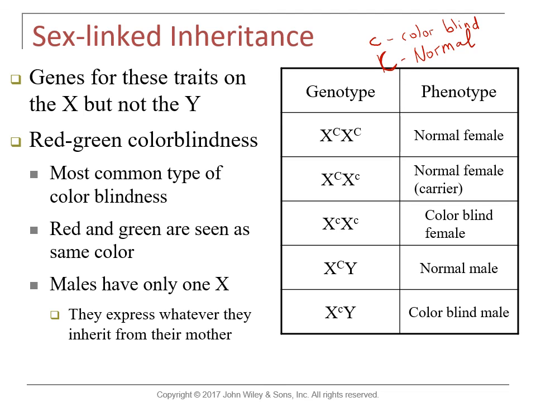As we can see in these examples, the Y chromosome is not carrying any alleles. So the possible combinations are as follows.